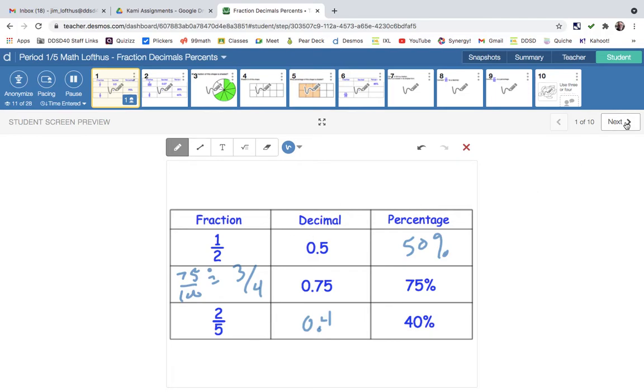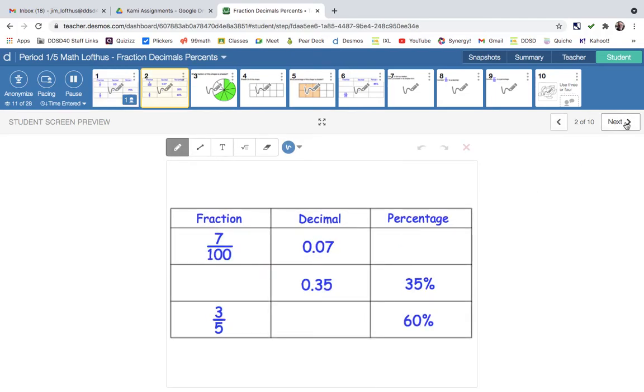So there's the answer for that one. This is 7%, and this is 35 out of 100, and 5 goes into both of those, and that's 7/20. 3/5 is 0.6.